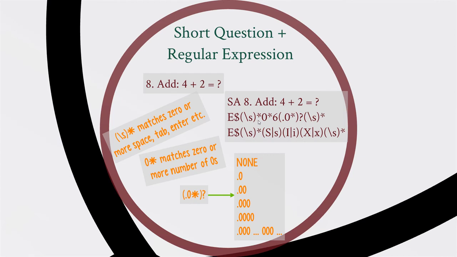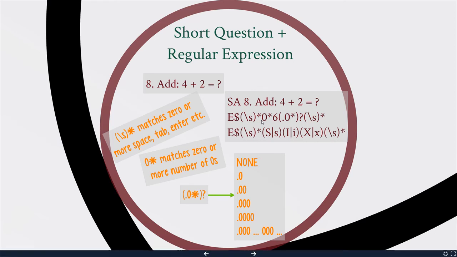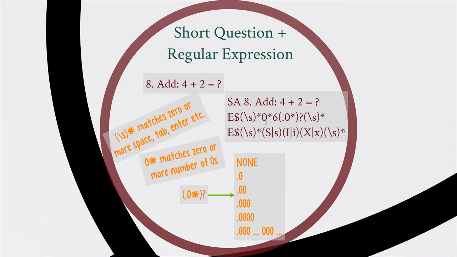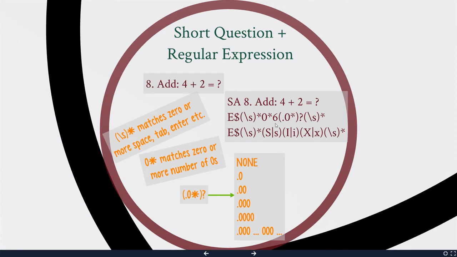They may give 1 space, 100 spaces, 10 enters, doesn't matter. And then they can have any number of zeros, maybe no zeros at the beginning. Then they have to have at least 1 six, right? 1 six, and they can have 1 decimal point, and after that as many zeros as possible.